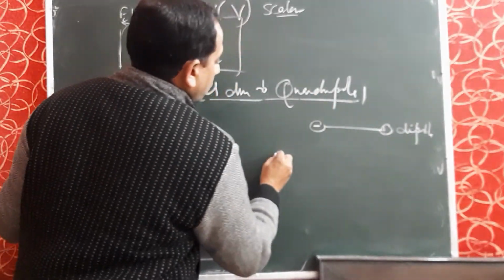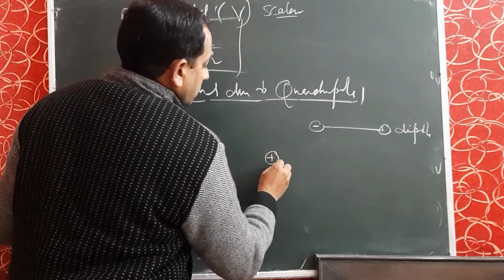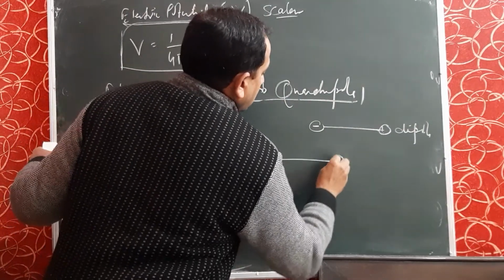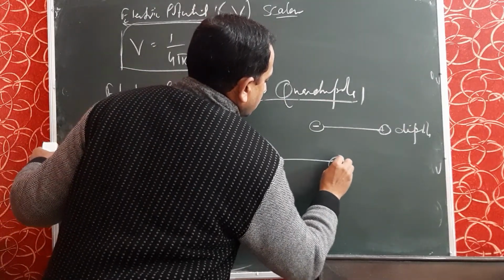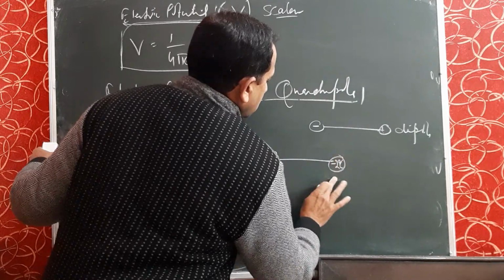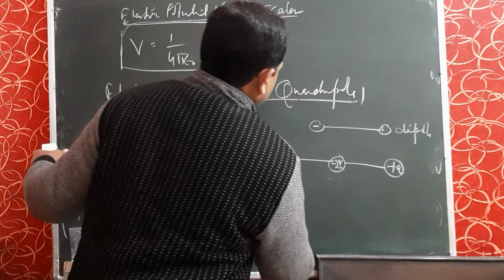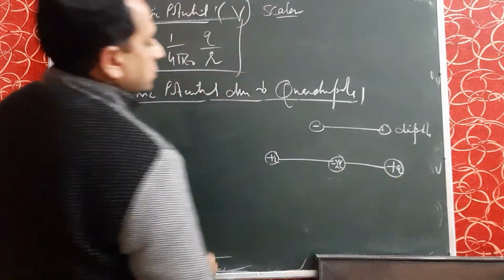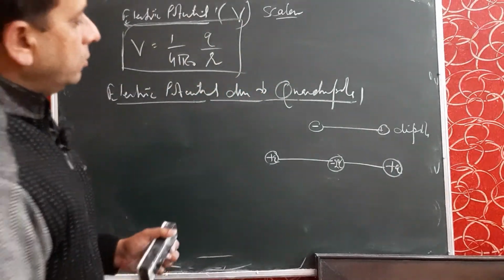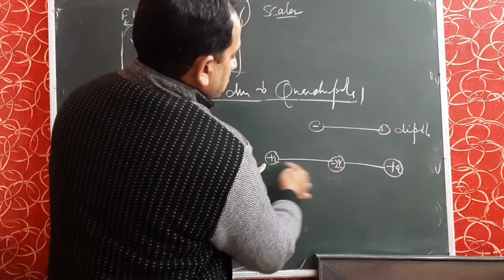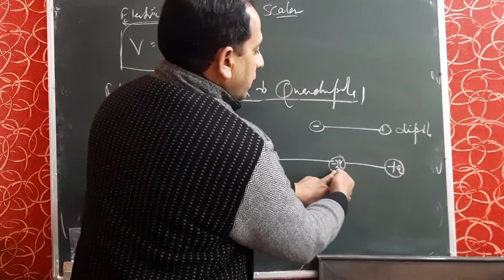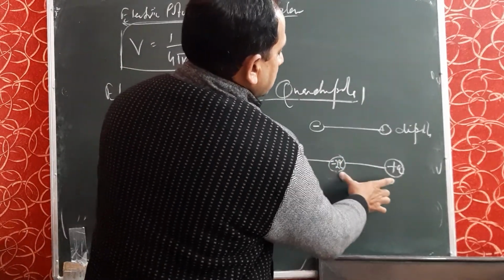What is a quadrupole? It is plus q charge, minus 2q charge, and again plus q. This is a quadrupole because plus q and minus q is the first dipole, and again minus q lying here and plus q here is the second dipole.